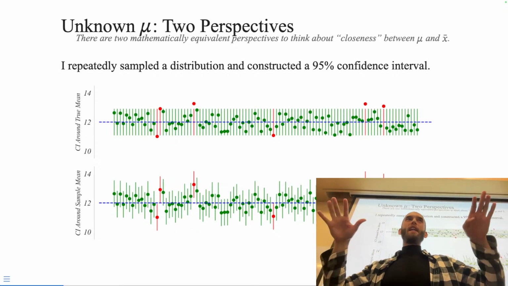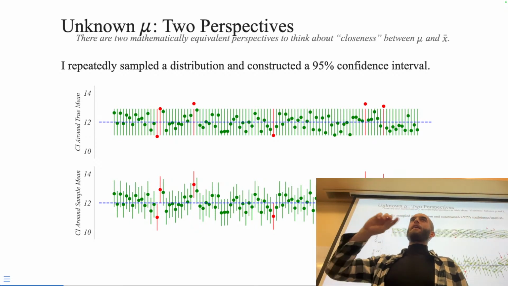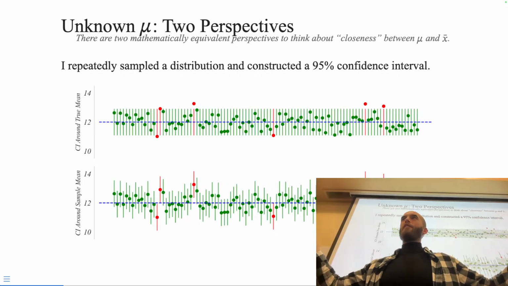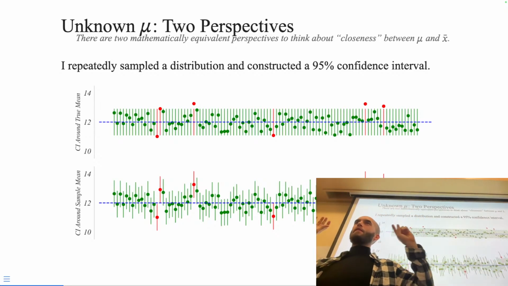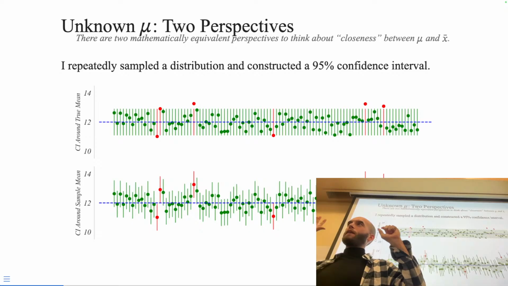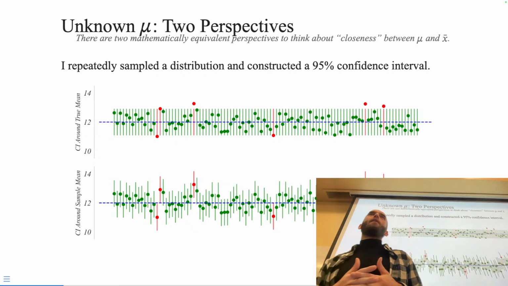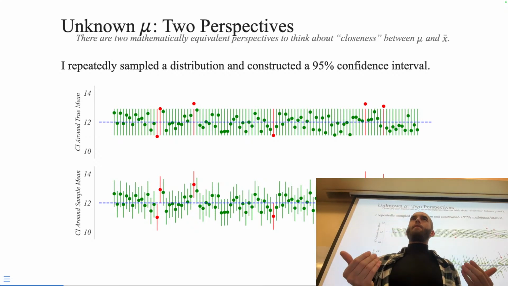So roughly 5% of the time, I'm seeing data that's very far away from the truth, outside of my 95% confidence interval. This happened 6 times in this sample, and I would predict it would happen 5 times if we ran a bunch of samples. So confidence intervals give us some level of confidence, but it doesn't mean that we're close with certainty. That's the entire point. This is a probabilistic statement.